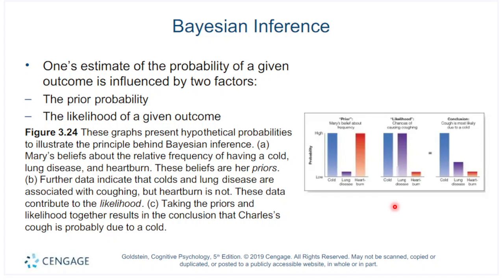So, if your prior is already problematic, katulad nung kay Mary, and then yung likelihood na ginawa mo, or yung mga information na nakita mo, or further data na nasilip mo ay not reliable sources, the conclusions might be problematic.